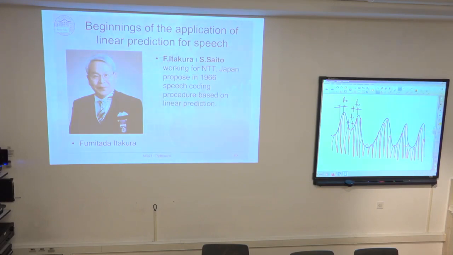It was proposed in the Japanese version of AT&T, called NTT, where Itakura Fumitada worked, and he proposed in 1966 the idea to encode speech using linear prediction.